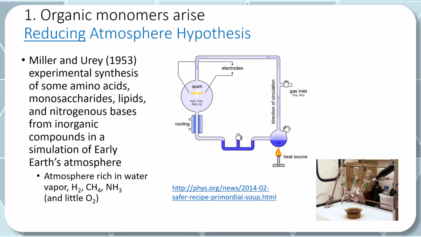So it's a relatively dangerous experiment for undergraduate biology students to perform, but it has been repeated multiple times, and they've even reanalyzed the material that was produced way back in 1953 with more modern equipment, and still found these organic monomers.